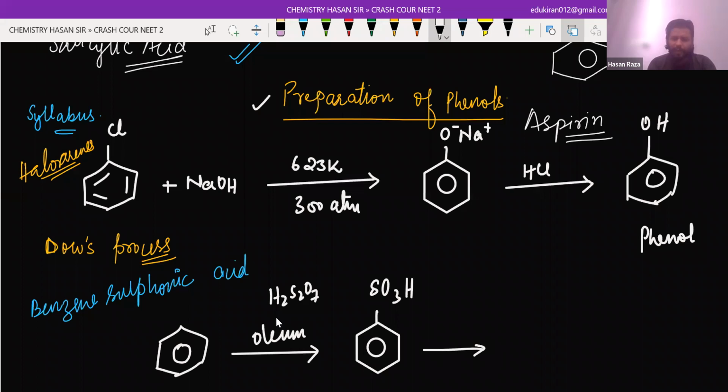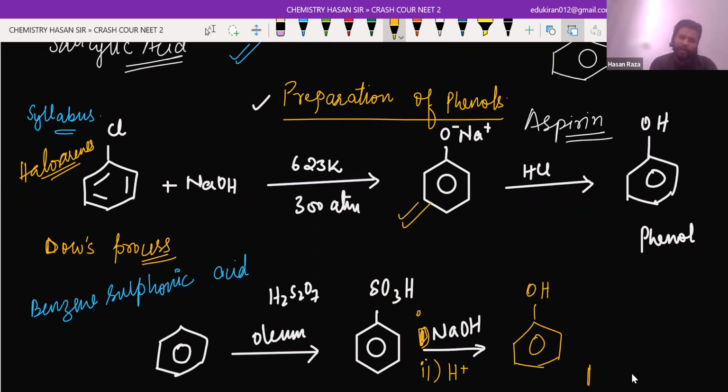After getting this, you react it with NaOH. This is the first reaction, and after it you react with H plus or acid in the second step. Then the SO3H will be directly converted into phenol. So this is the second method to prepare phenol.